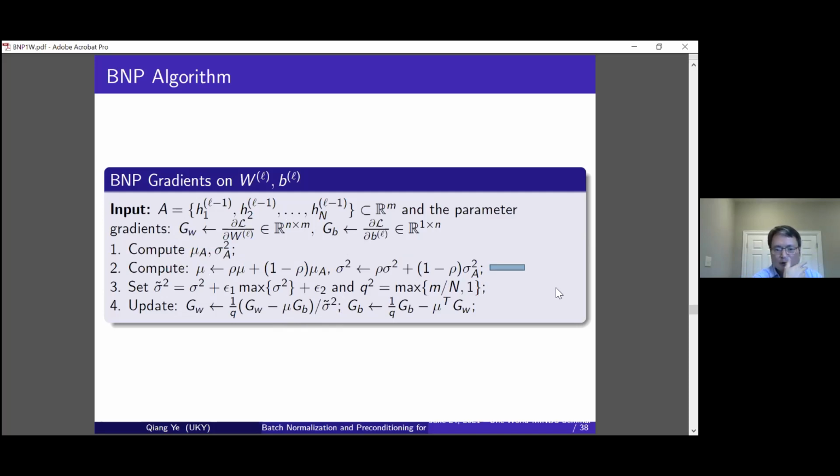That's found to accelerate a little bit better. And then for the variance, we add a small epsilon to prevent division by 0. And then Q, the scaling for the norm scaling. And then you just modify the gradient with respect to weight and bias like this. And then train as usual with the updated gradient. So that's the overall algorithm.